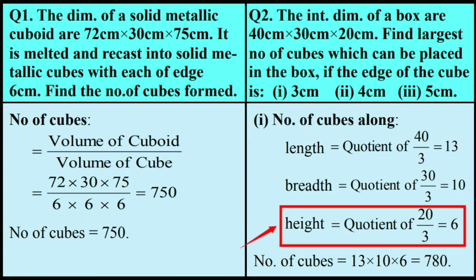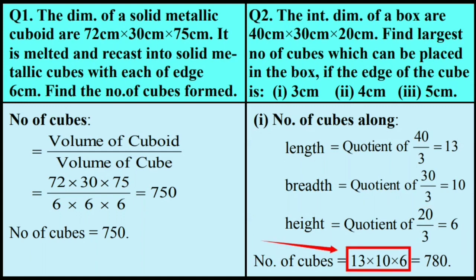The number of cubes that can fit along the height of the box is equal to the quotient of 20 by 3, and the result is 6. Here 20 by 3 is not a whole number, so along the height of the box 6 cubes fit and a bit of space will be left.